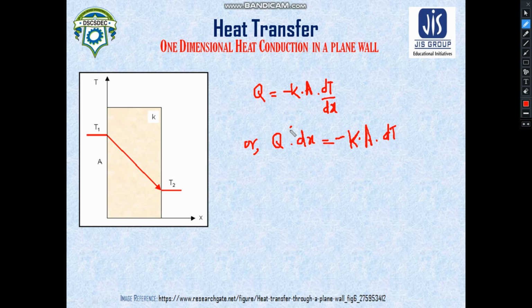So if we perform integration for the variables dx and dT, in the previous case we have taken the thickness of this wall as delta, so we'll integrate this over the range of 0 to delta, and the temperature limits will be the boundary temperature at the left side, which is T1, and the boundary temperature at the right side, which is T2.